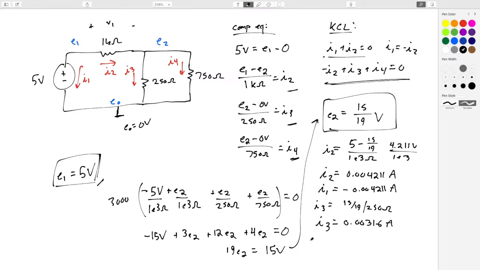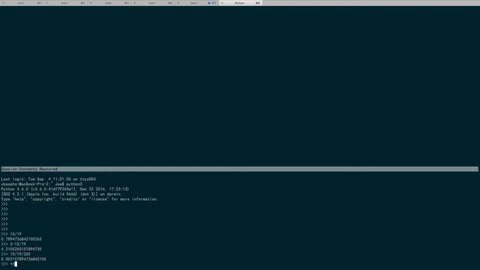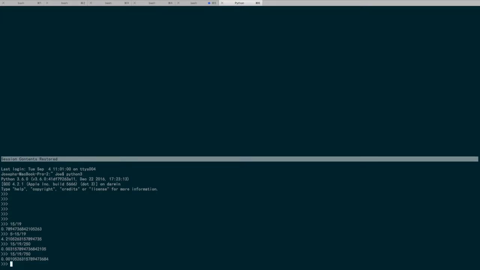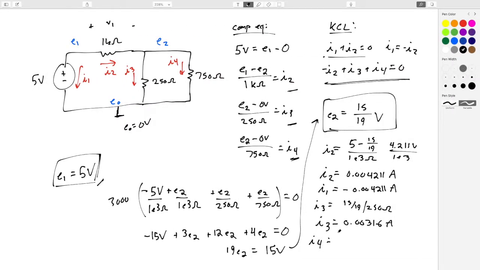And then I4 will be 15 over 19 divided by 750, which is 0.00105. Okay, so we have I3 and I4, and I1 and I2.